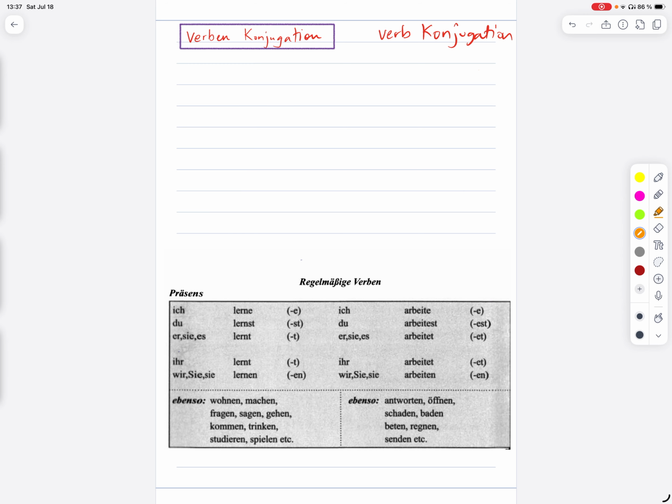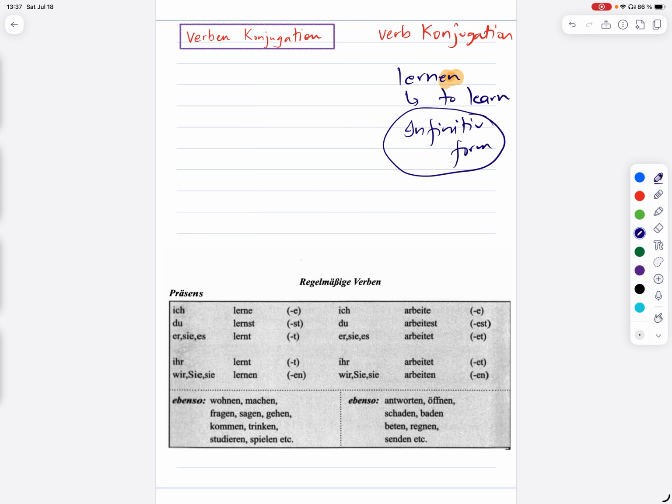We will start with an example verb, lernen. It means to learn. One sign of all the verbs in German is that they end with en. This form of the verb is called the infinitive form.